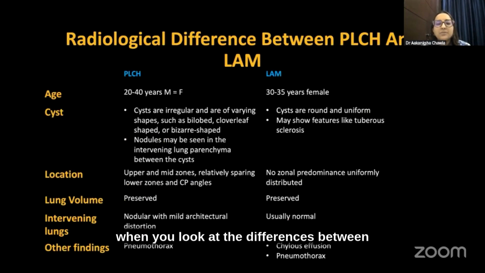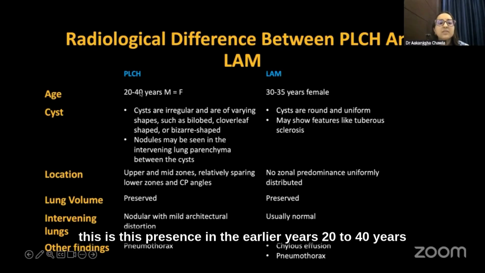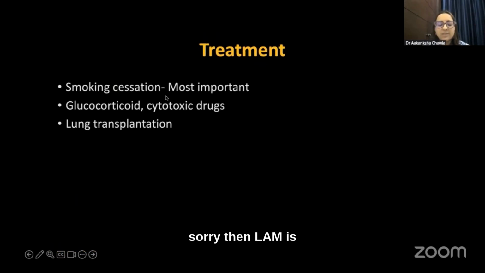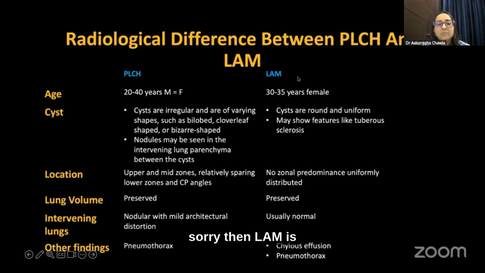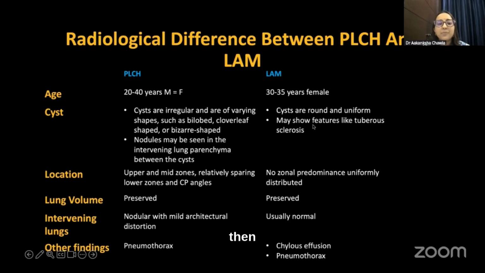So, when you look at the differences between pulmonary Langerhans cell histiocytosis and LAM, as you can see, PLCH presents in the earlier years, 20 to 40 years, and males and females can be affected equally. Sorry, LAM occurs in females. PLCH has bizarre looking cysts, whereas LAM generally has cysts which are round and uniform.